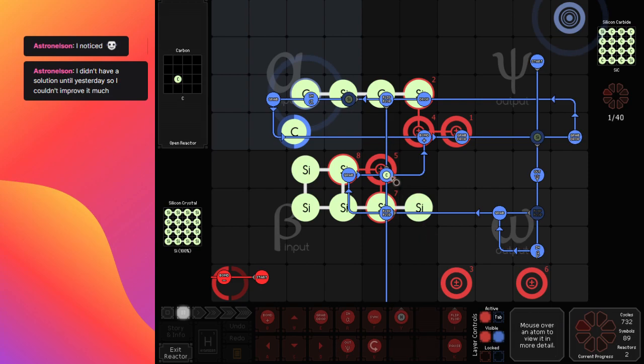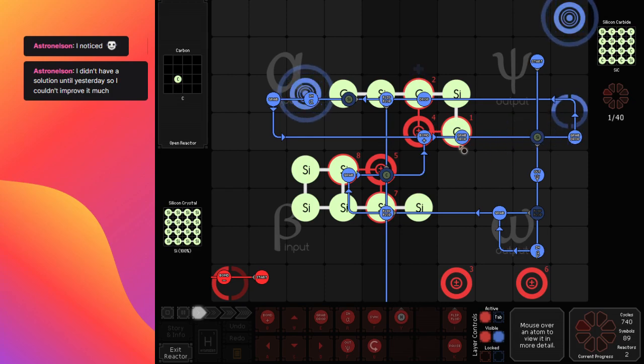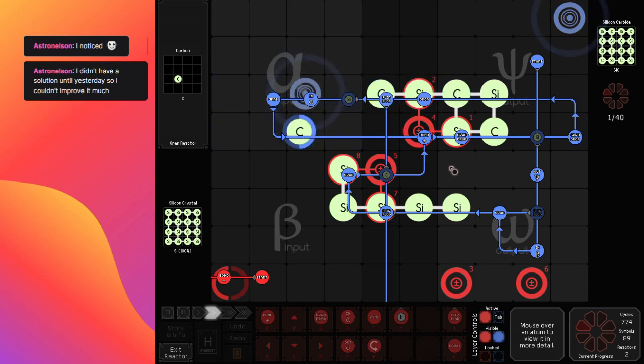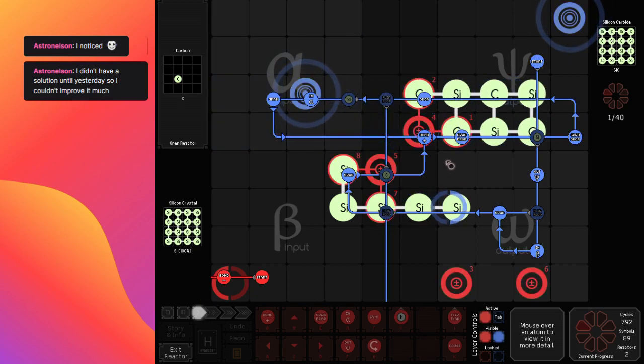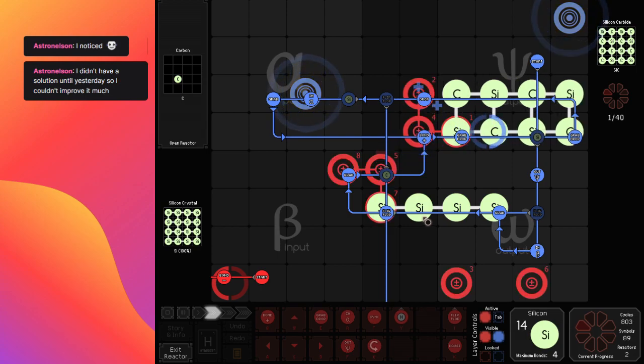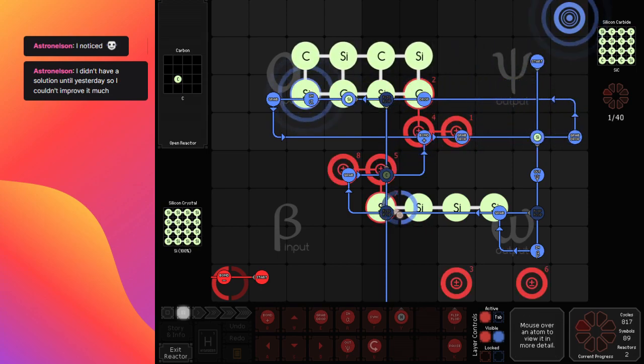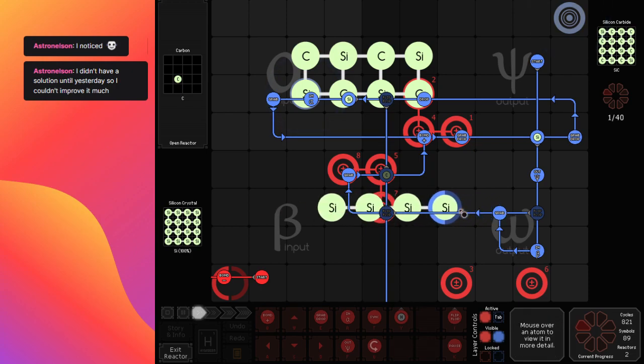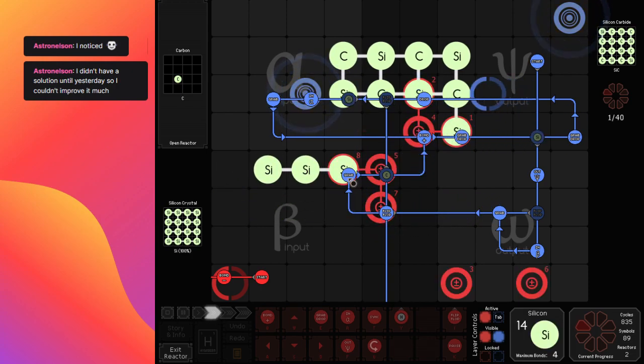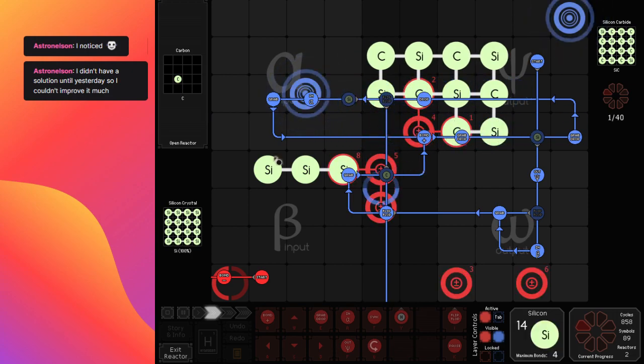This carbon sensor is what flips this parity, so it goes carbon silicon instead of forwards. Right, and this flip-flop here, it runs more often than it should, but it's a hanging flip-flop so that it can reset this sheet when it gets to the end.